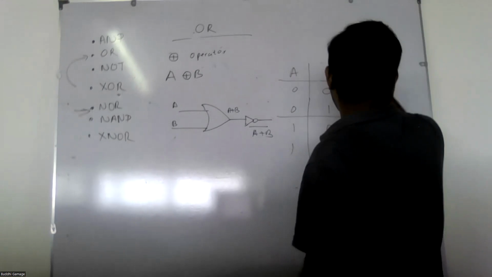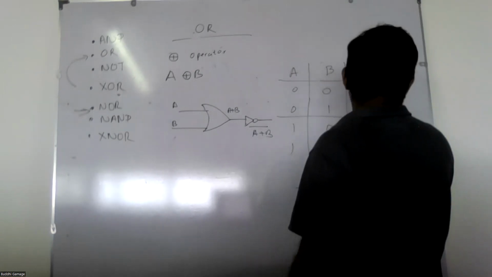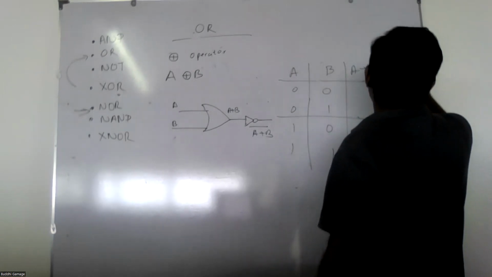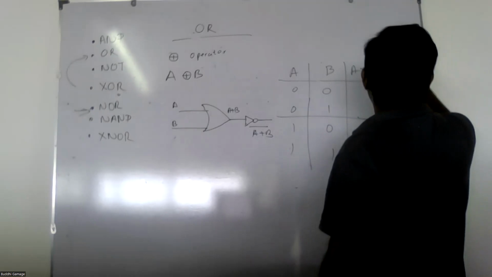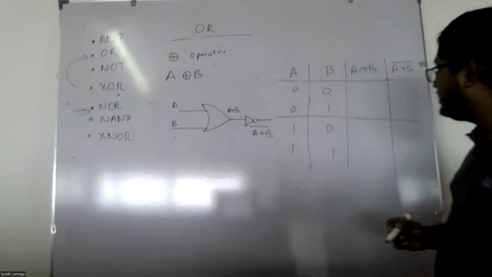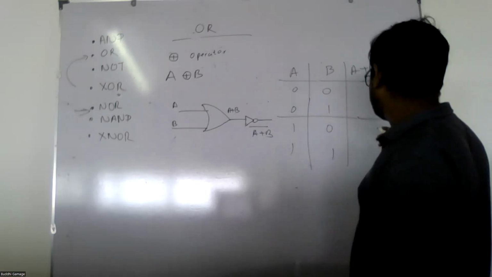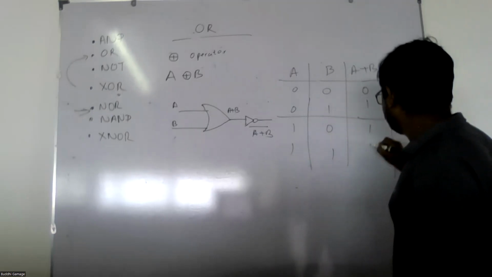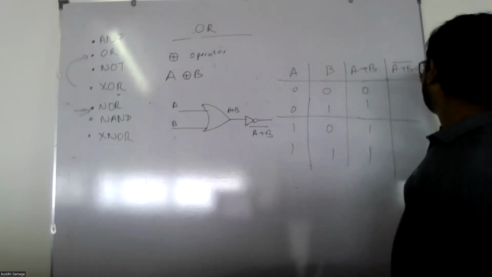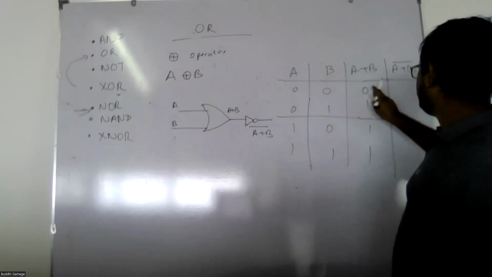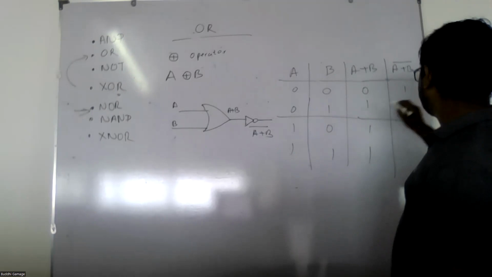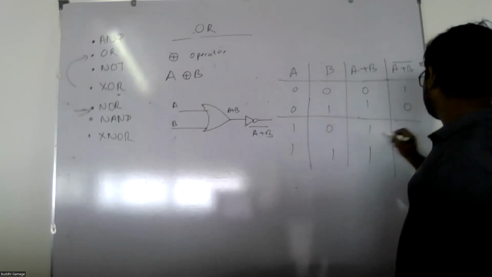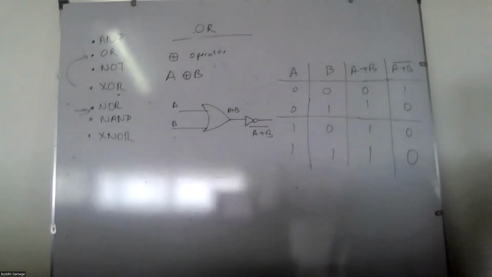A plus B is only 0 for one case, and all other three occurrences will be 1. Then with NOT, if it is 0, this becomes 1, and the others become 0. So this is the truth table.